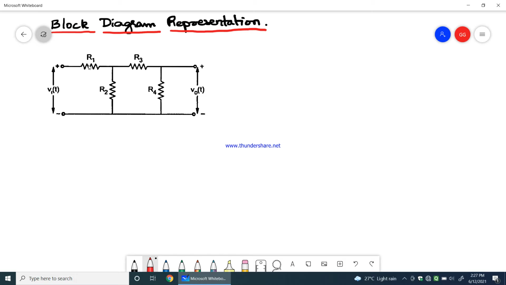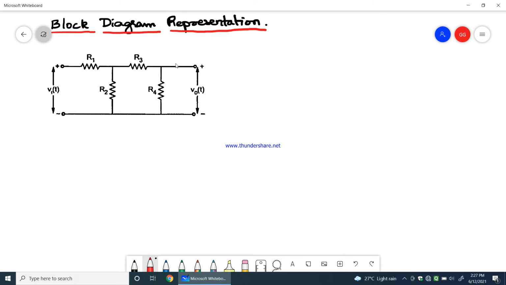Here we will first write the Laplace equivalent of this time domain network. For this network we have only resistances, so we don't have any problem writing it in the time domain itself. But when you have a capacitor and inductor, as I told you in the previous video, while writing the transfer function for any given electrical network, the frequency domain or Laplace transformed network is much easier than the time domain network.